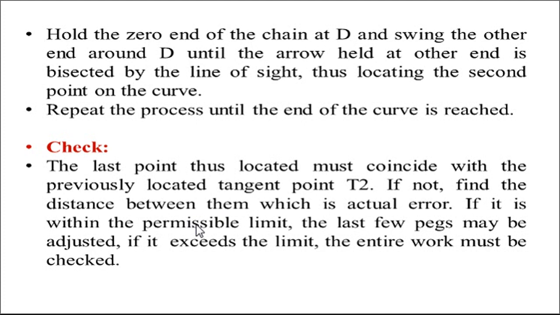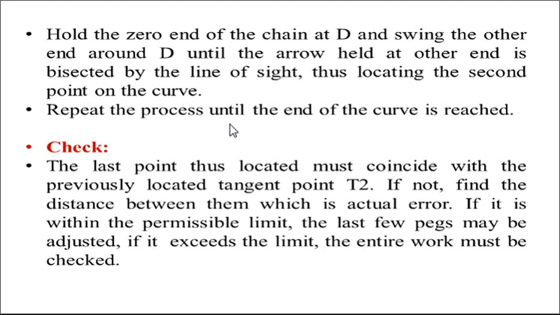So this process we have to repeat till the last point of the curve is reached. Okay, so in this way we have to set out the curve by instrumental methods, or we can say by using theodolite and chain or tape.